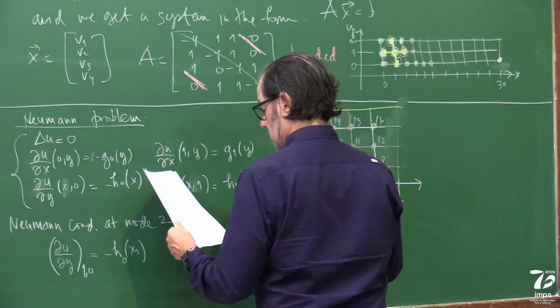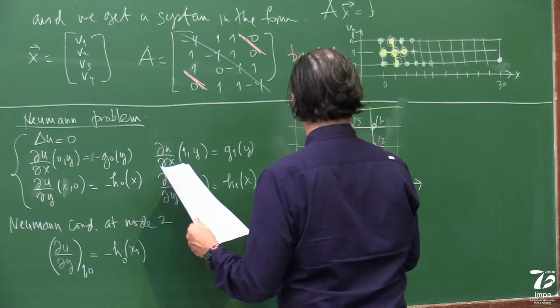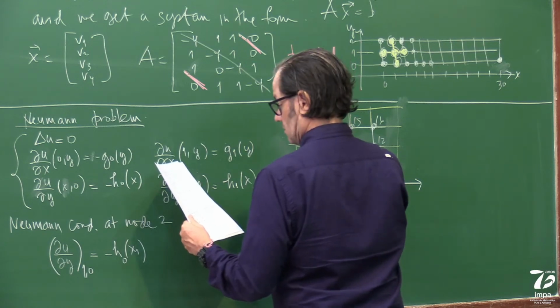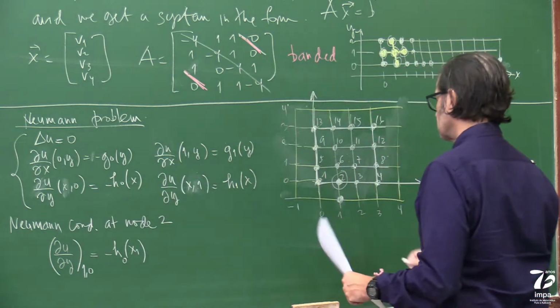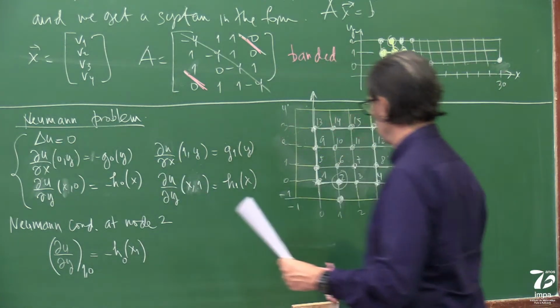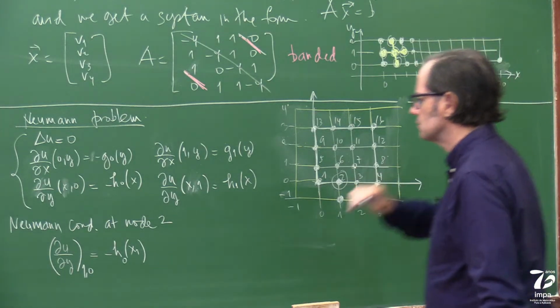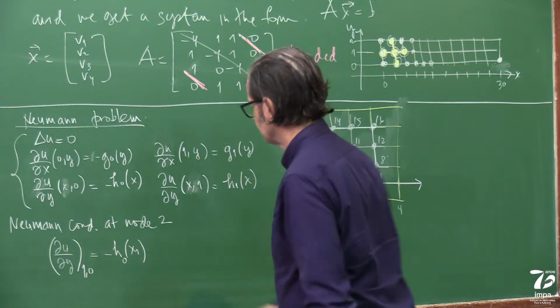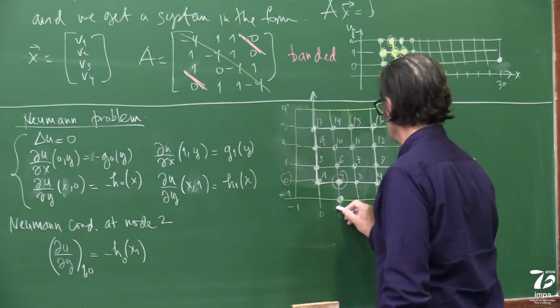This is minus 1, yeah. 0, 1, 2, 3, 4. So this is also minus 1, minus 1. So let's see if I have this right. So this is the Neumann derivative at 1, 0. This is correct. 1, 0.